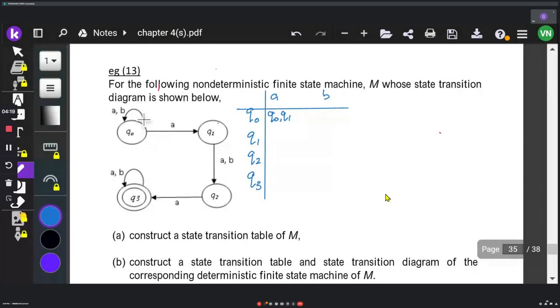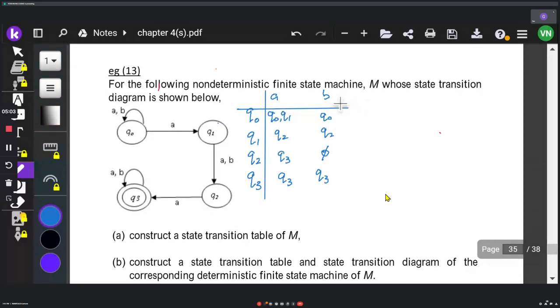Then for B, Q0 goes back to Q0. Q1 after input A goes to Q2, only one, and input B also goes to Q2. Then for Q2, after input A, it goes to Q3, and there is no input B, so this one is the empty set. For Q3, both A and B go to Q3.